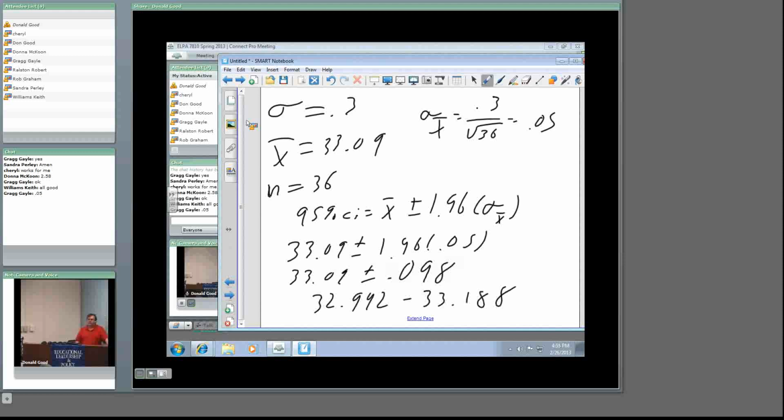So if that's the 95% confidence interval, with these data, this situation, there's a 95% chance I'm putting on average between 32.99 ounces and 33.19 ounces.